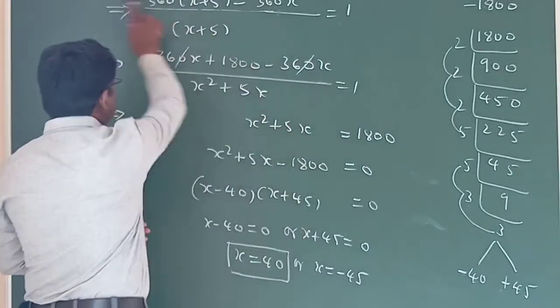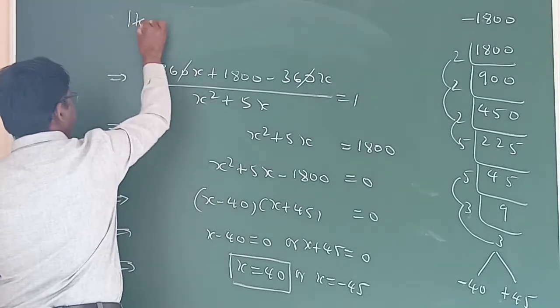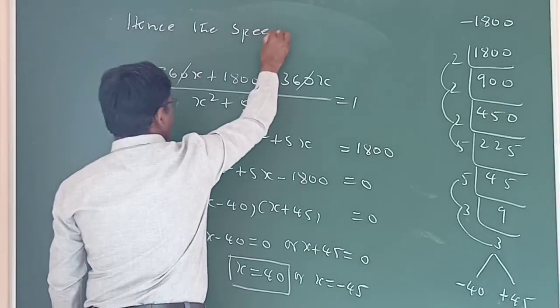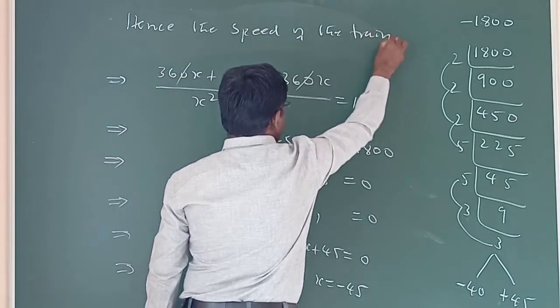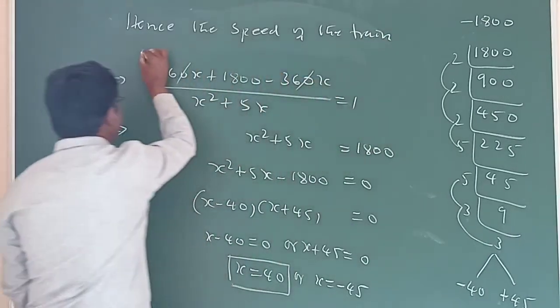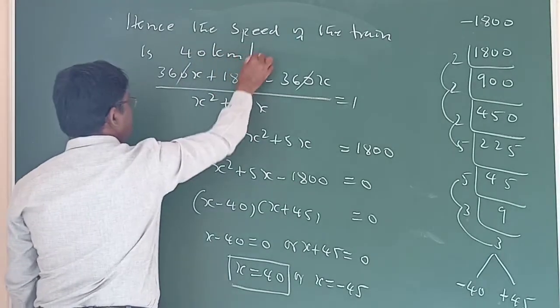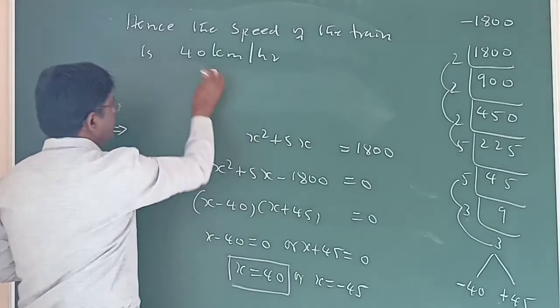Therefore the speed of the train is 40 kilometer per hour. Okay, children.